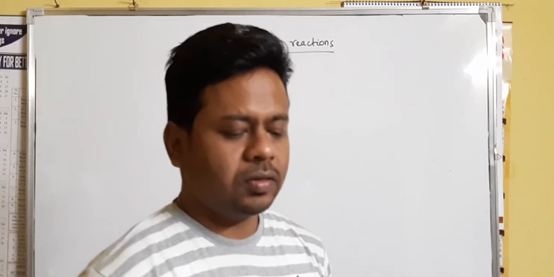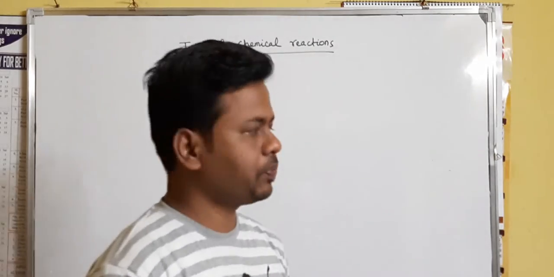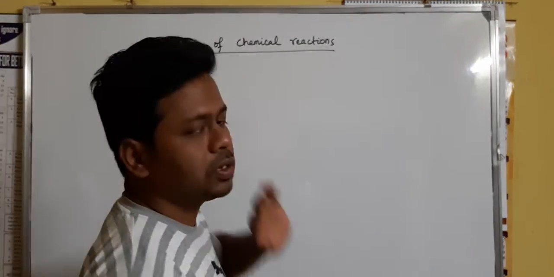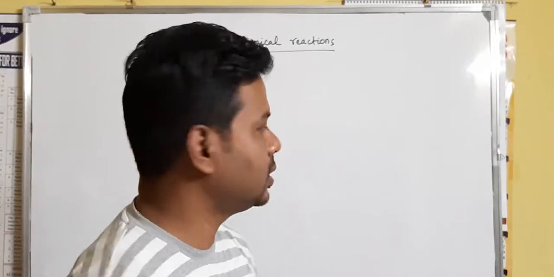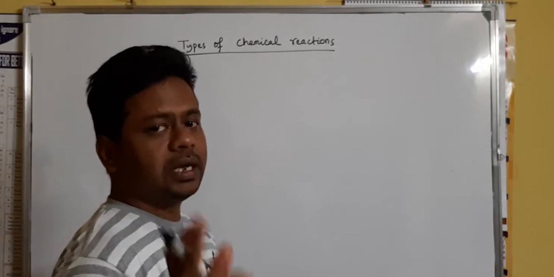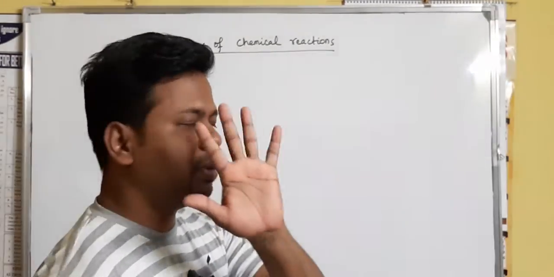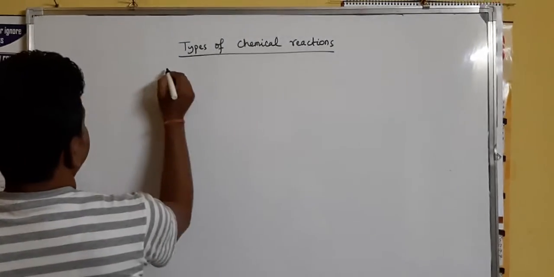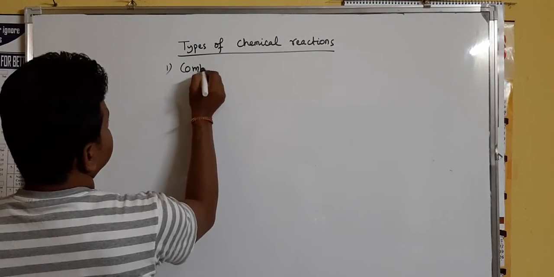Hello students, we'll start the next session which is based on the types of chemical reactions. All the chemical reactions can be categorized into 5 categories. The first one, combination reaction.